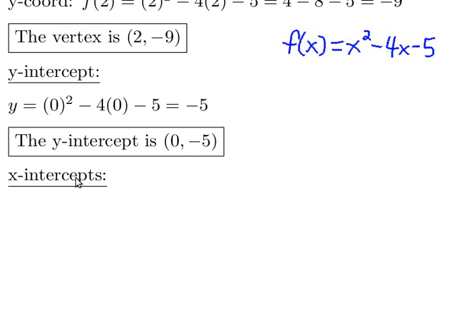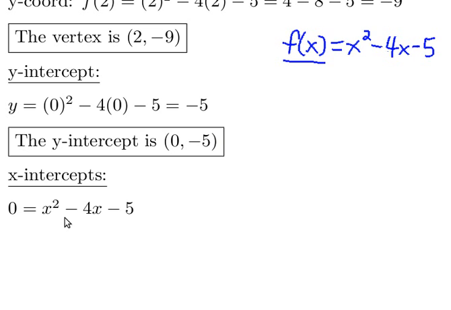So for x-intercepts, we remember for y-intercepts we replaced x with 0. Now for x-intercepts we're going to replace y with 0. So for all intents and purposes, this is y. So we have 0 equals x squared minus 4x minus 5. Now we're solving a quadratic equation.